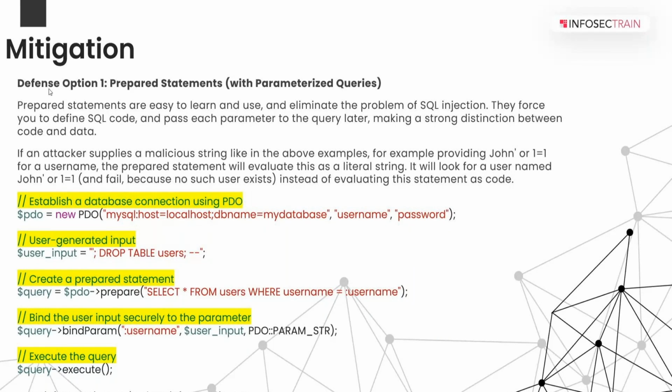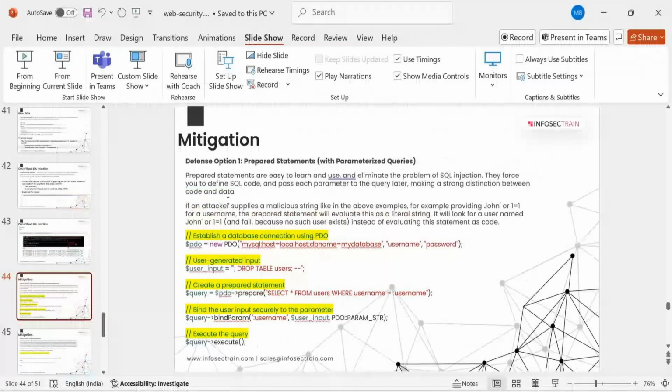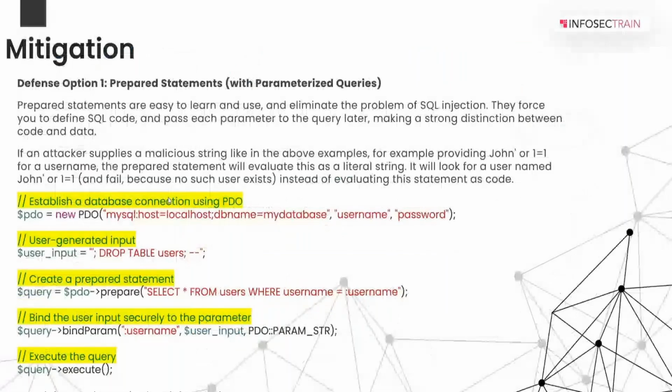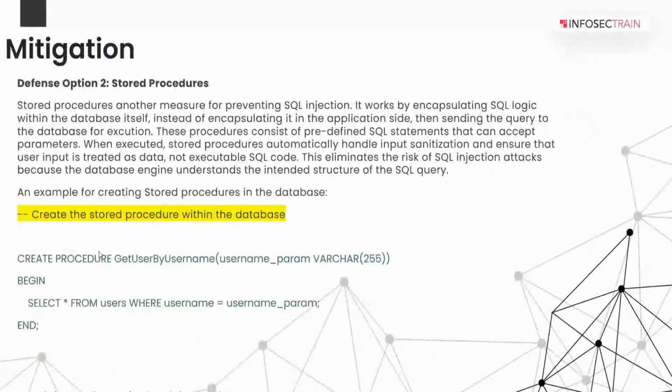So if you see here in the previous code, let's say this is a database. We make a connection with the database in PHP, and this is user generated. From the front end, the user adds this query, drop table username.